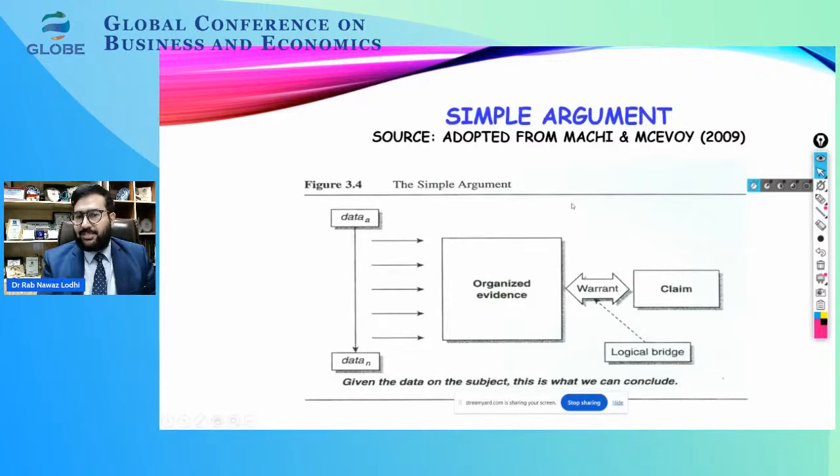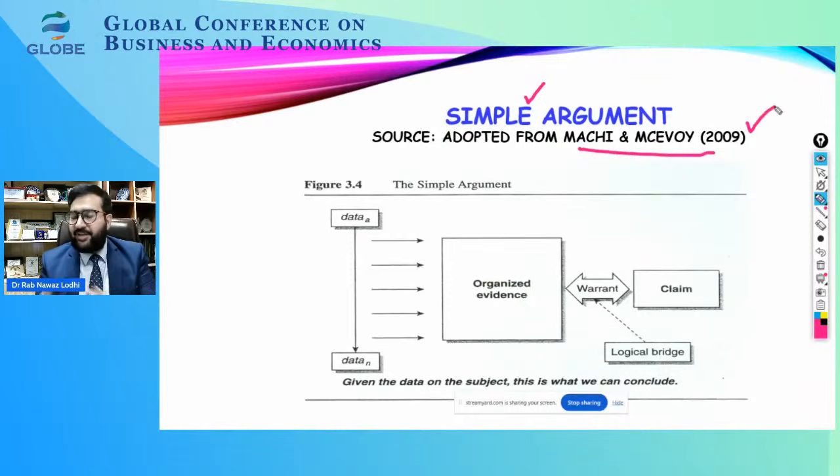Okay, now this is another diagram of the simple argument by Machi and McCabe. Their book is very famous, the systematic, step-by-step literature review. This is a very important book, and in their book they provided this figure about the simple argument. And this is basically the claim, the same claim: don't cross the street if the signal light is red.